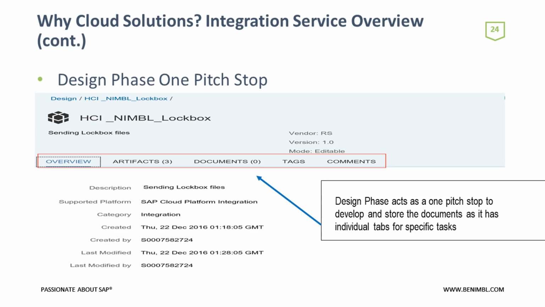And the artifacts is the tab where most of the development iFlows will be attached. To give an analogy for this, consider the traditional way of development, by which I'm just referring to any system on-prem. It may be 7.1.1 to 7.5, SP Pack 10, that is the latest and greatest.